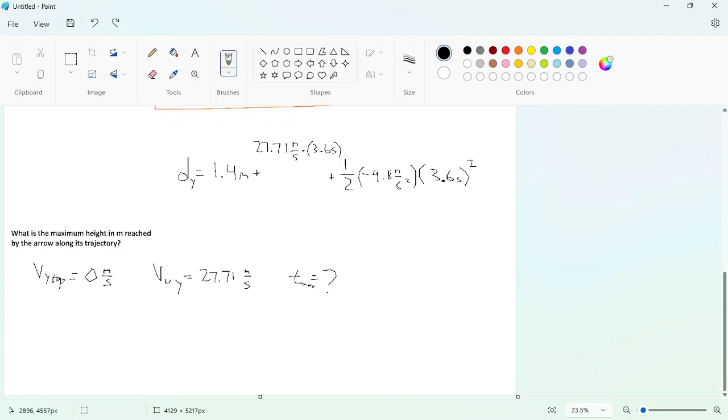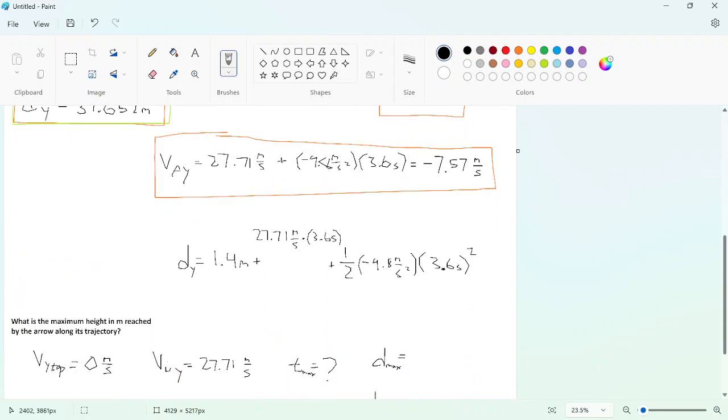Do we have any other information? We do not have the distance it achieves at its maximum. That's what we're looking for. We do have the initial distance, which is going to be 1.4 meters.